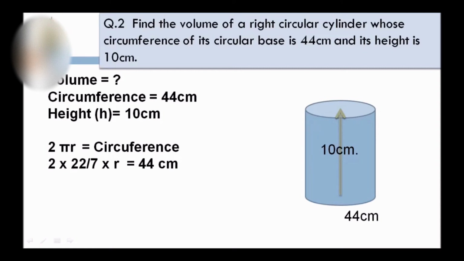Now again put values of pi and circumference. When we will multiply this 22 with 2, we get 44.